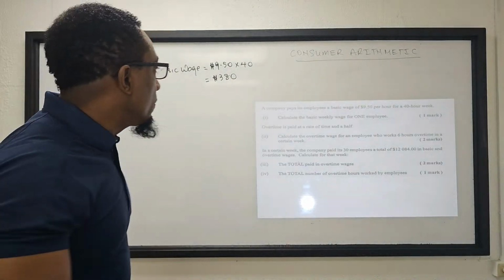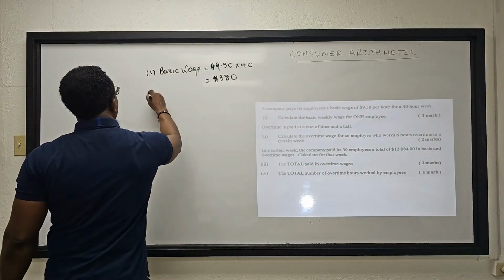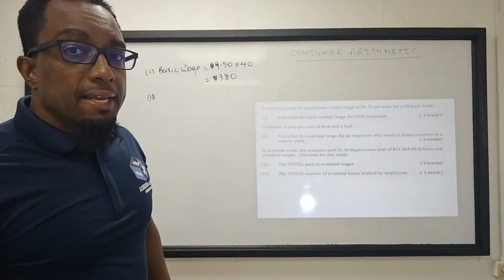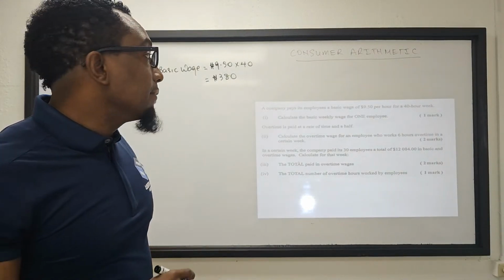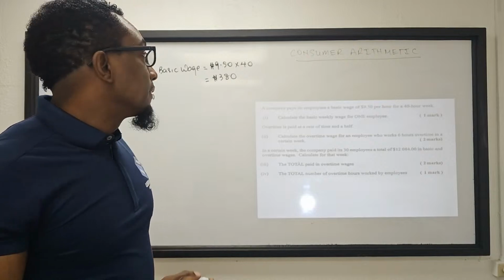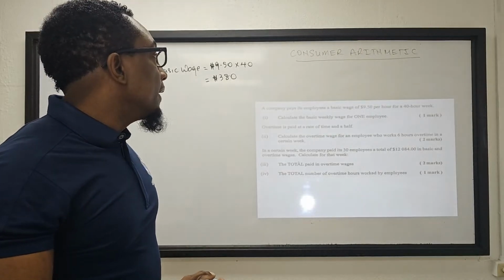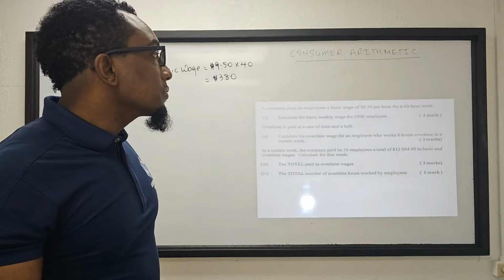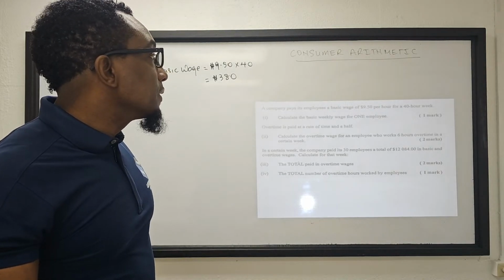Now, part 2, overtime is paid at a rate of time and a half, 1.5 times the basic rate. They want us to calculate the overtime wage for an employee who works 6 hours overtime in a certain week.